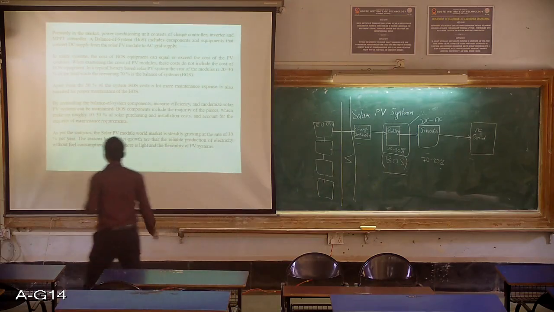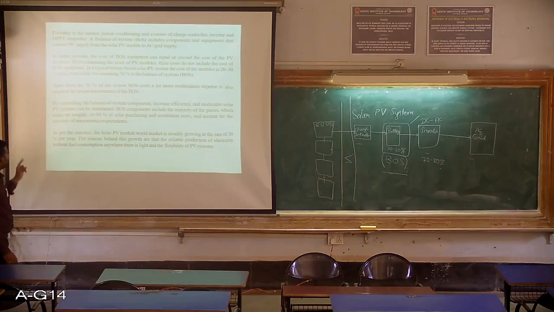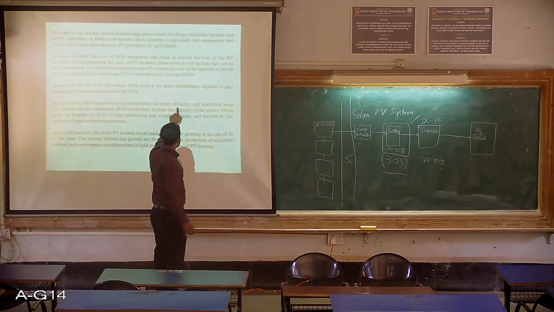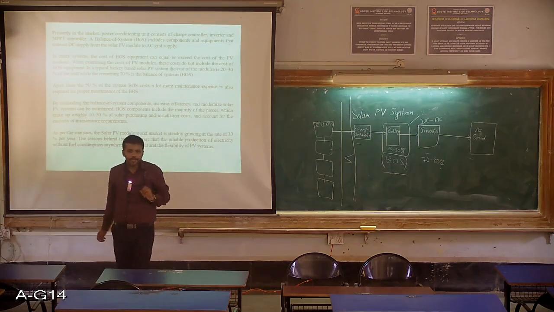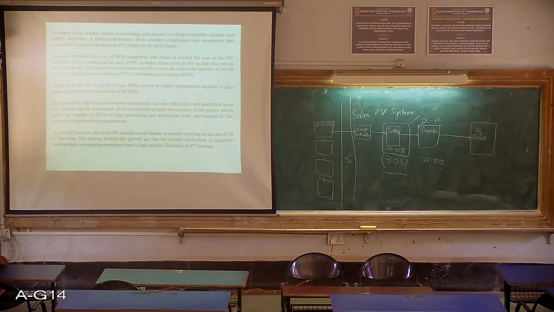And by controlling the balance of system, the BOS components, we increase efficiency, and a modernized solar PV system can be maintained. Means from this controlling of the BOS system, it is possible to increase the efficiency and to modernize the PV system.